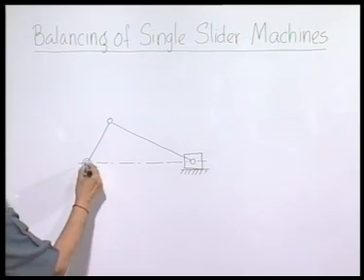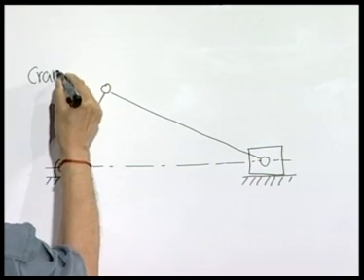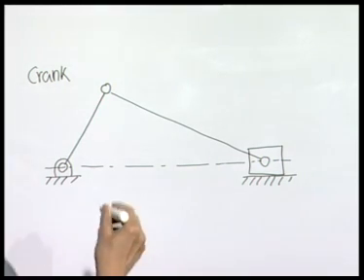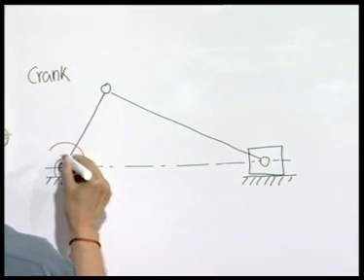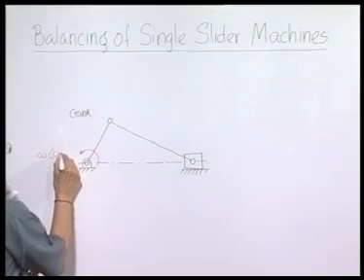This is the crank, which rotates with, say, a constant angular velocity as a special case, omega, which is constant.